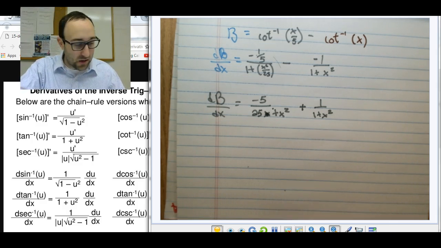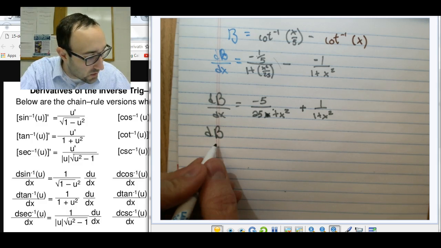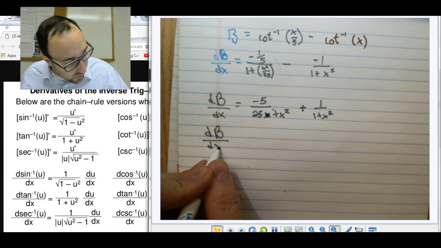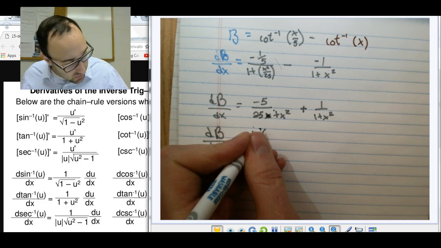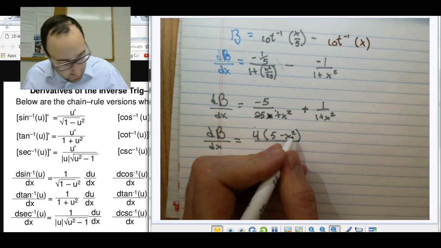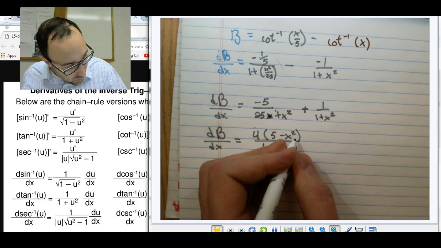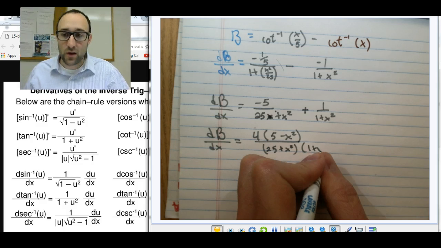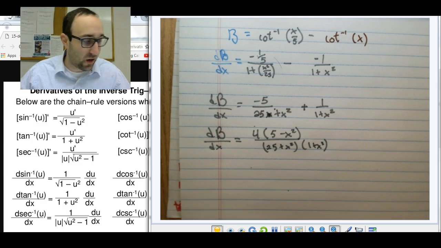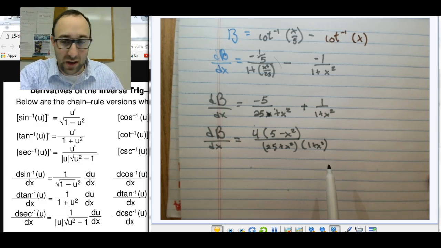Then by simplifying all sorts of stuff, I'm going to skip some steps so it doesn't take you super long, d beta over dx equals 4 times (5 minus x squared) over (25 plus x squared) times (1 plus x squared). All I really did was get common denominators, and then combine some stuff. If you want to see how all that works, come and find me. We can figure it out. I'm not going to go through all those steps.